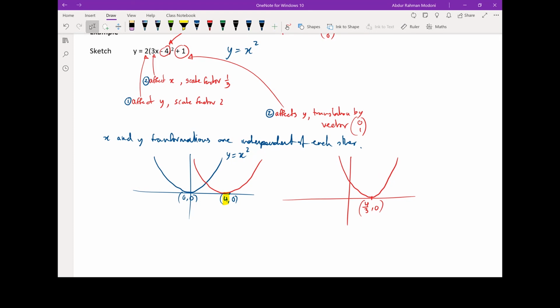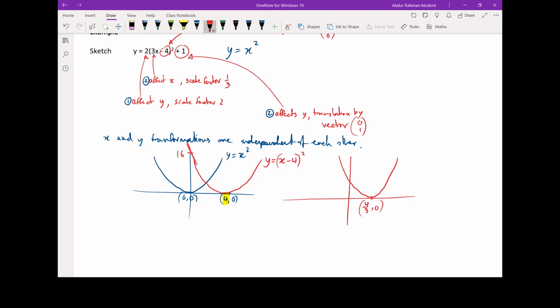Now, let's just consider where we are first of all here. This was y is equal to (x minus 4) all squared. So this is after the translation. Let's find out what that point is where it crosses the y-axis. When x is 0, y is equal to (minus 4) all squared. So that value there is 16.